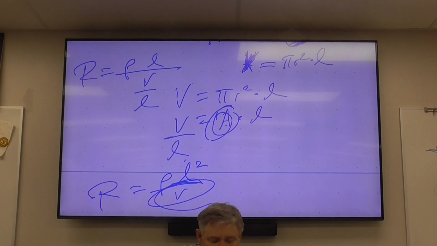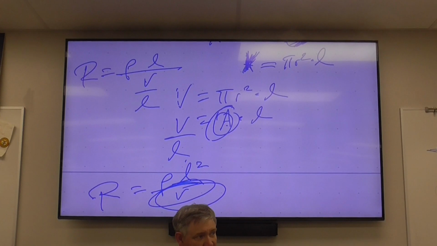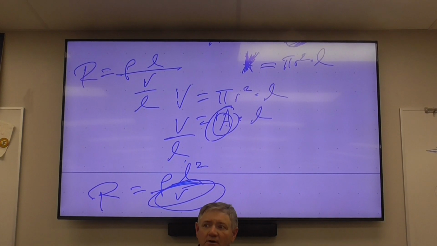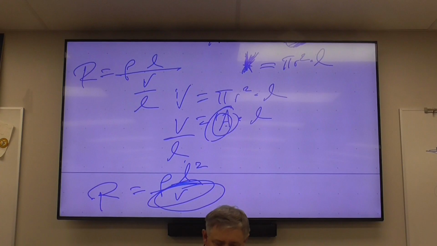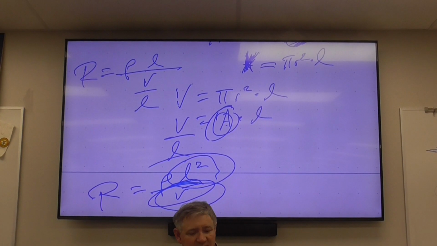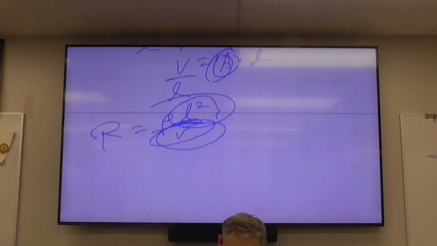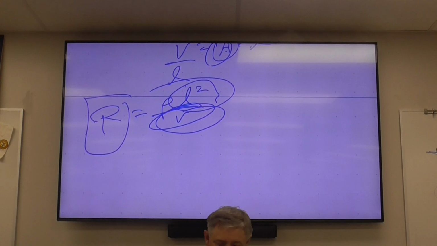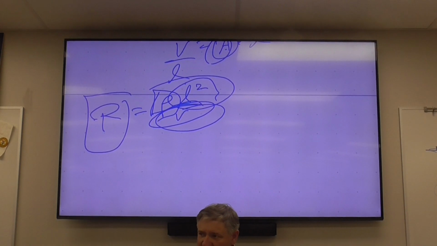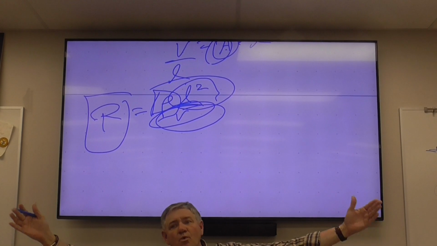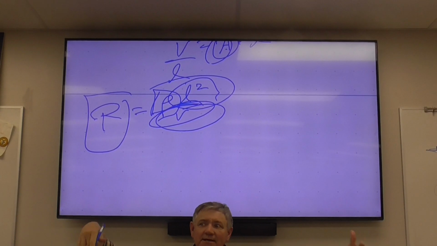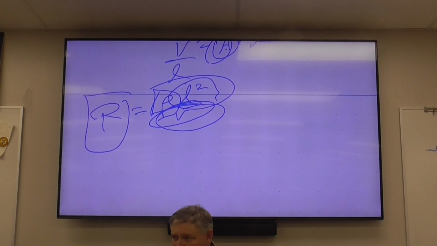If you keep the volume the same, then you can solve for this: I know how much resistance I want, I know the value of my resistivity, so I can figure out what length of wire I can get out of that particular volume.